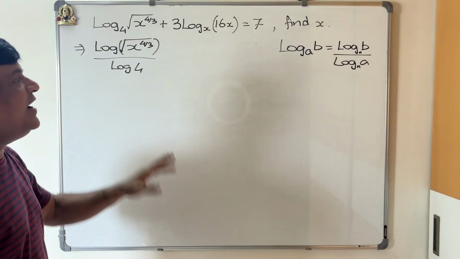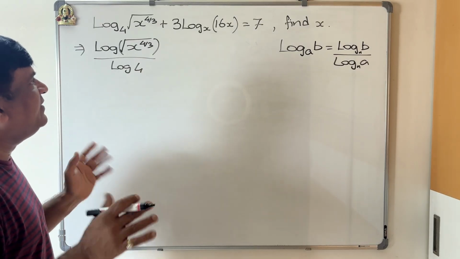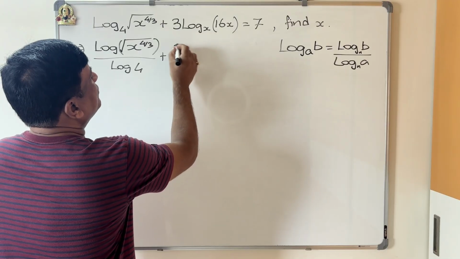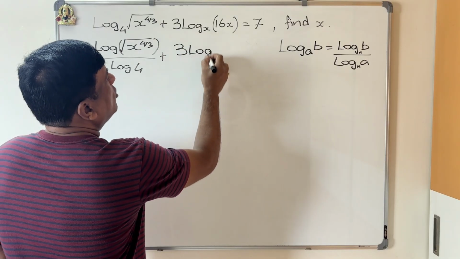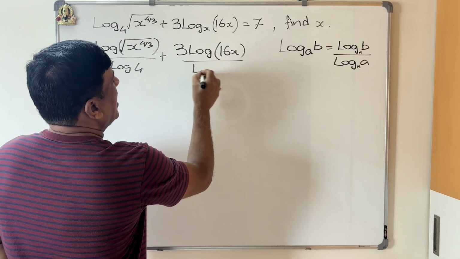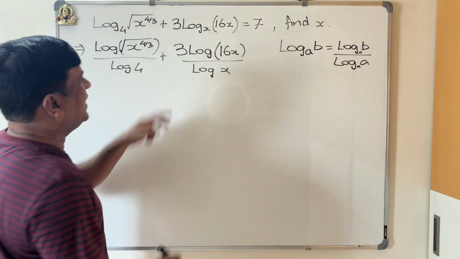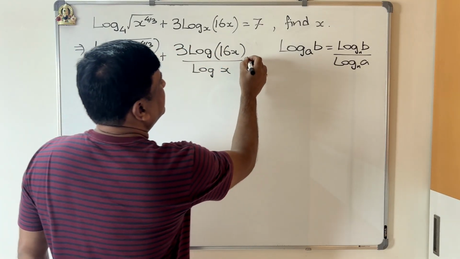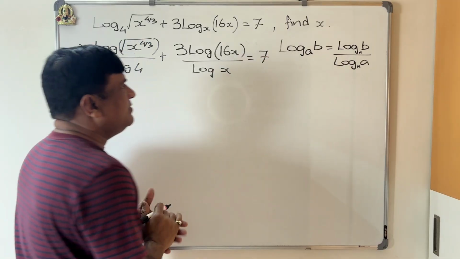I'm going to decide later what base I'm going to use. That discretion you have with you. Similarly, here, this will be 3 log of 16x divided by log x. Again, I have brought the x down over here and simplified this. This should be equal to 7, right?